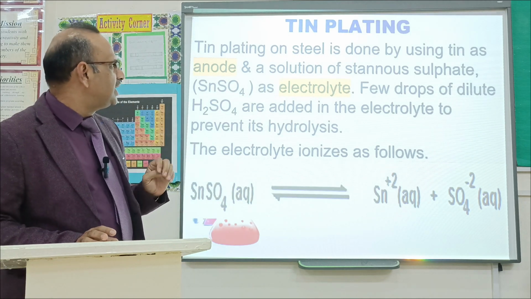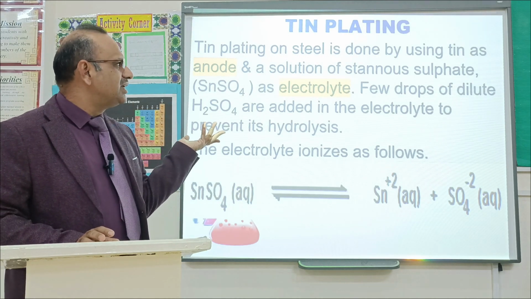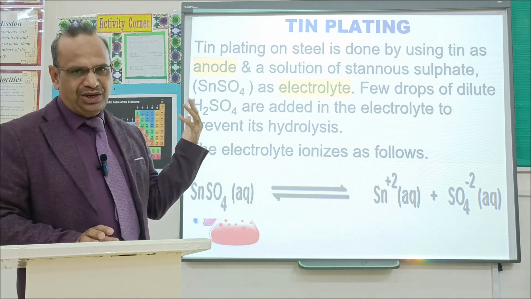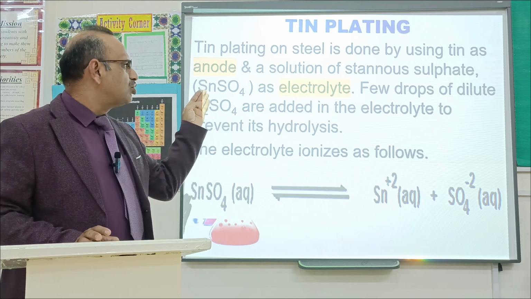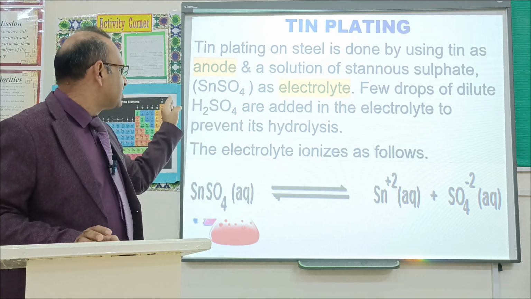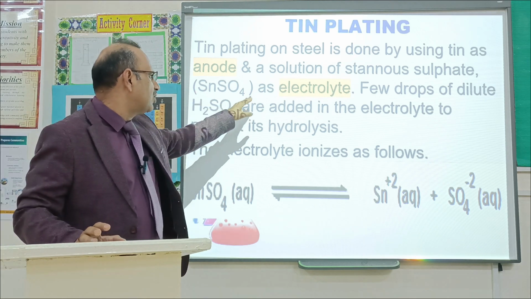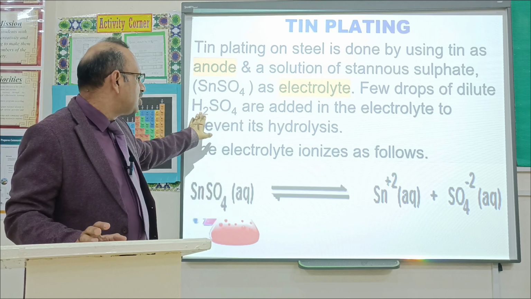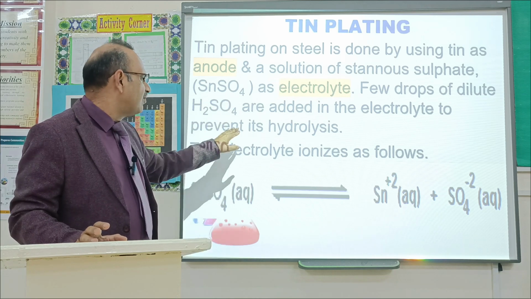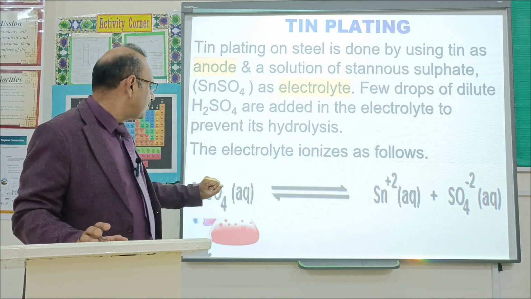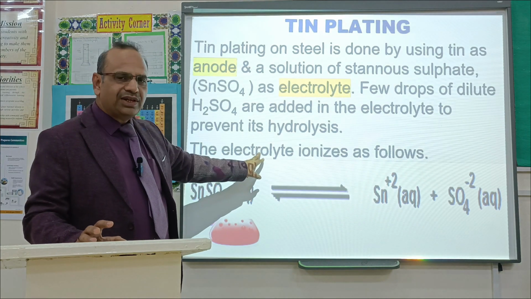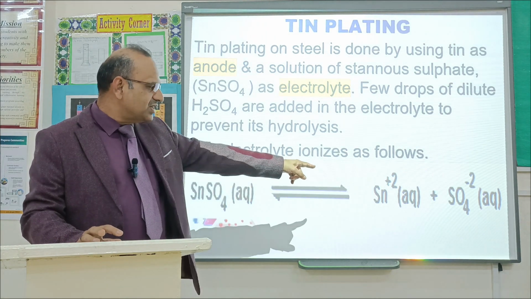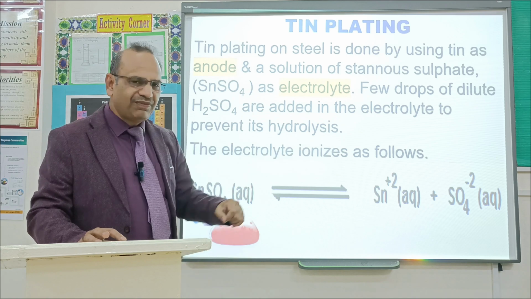Tin plating. Tin plating on steel is done by using tin as the anode and a solution of stannous sulfate, SnSO4, as the electrolyte. A few drops of H2SO4 are also added to prevent its hydrolysis. This electrolyte first ionizes and gives tin ions and sulfate ions.